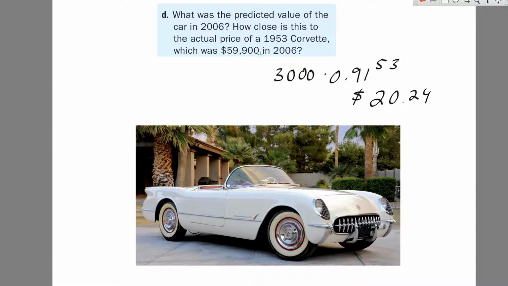What I think is particularly interesting is this car that's pictured here sold in 2014, and it sold for a number that showed some exponential growth. It sold for $660,000. Now, that's extraordinary. This is an extraordinary car.